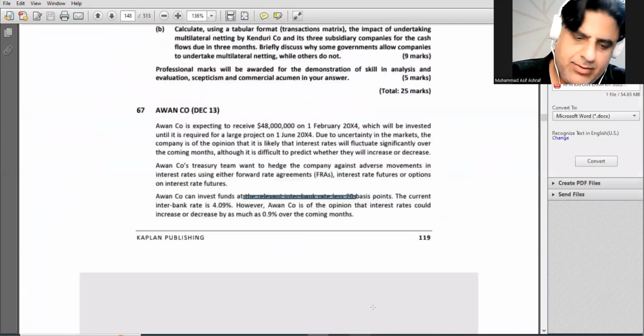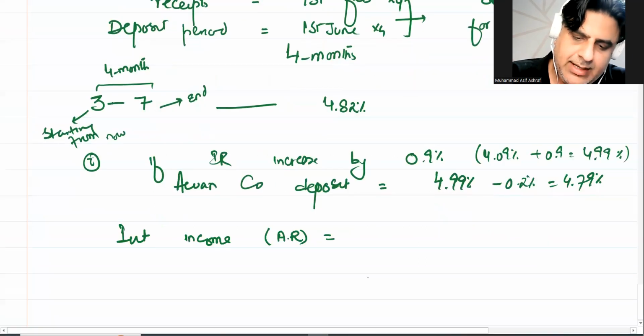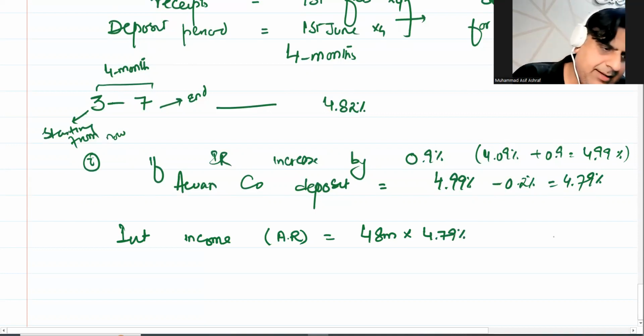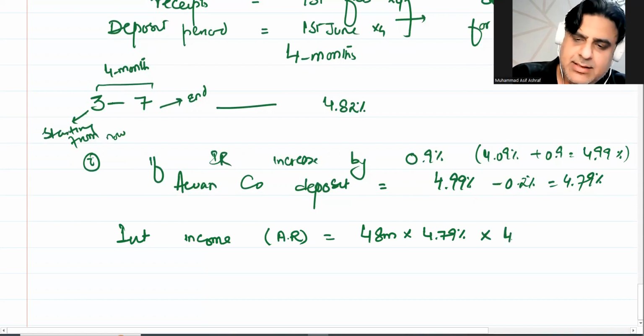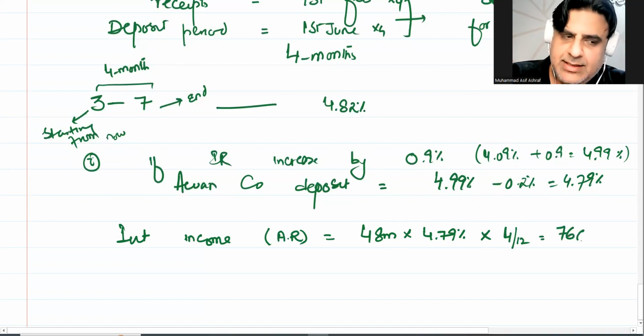What was the amount of the deposit? 48 million, into the rate 4.79%, for how much period? 4 months. You calculated 766,400.